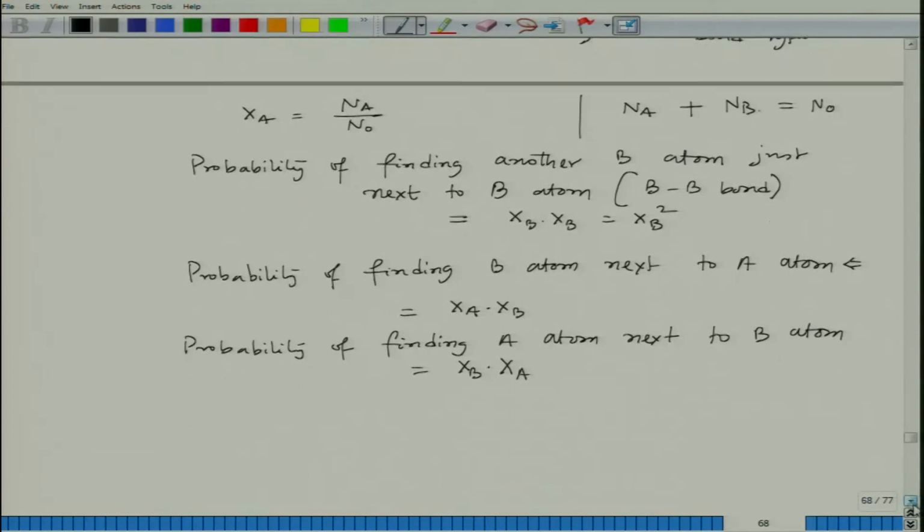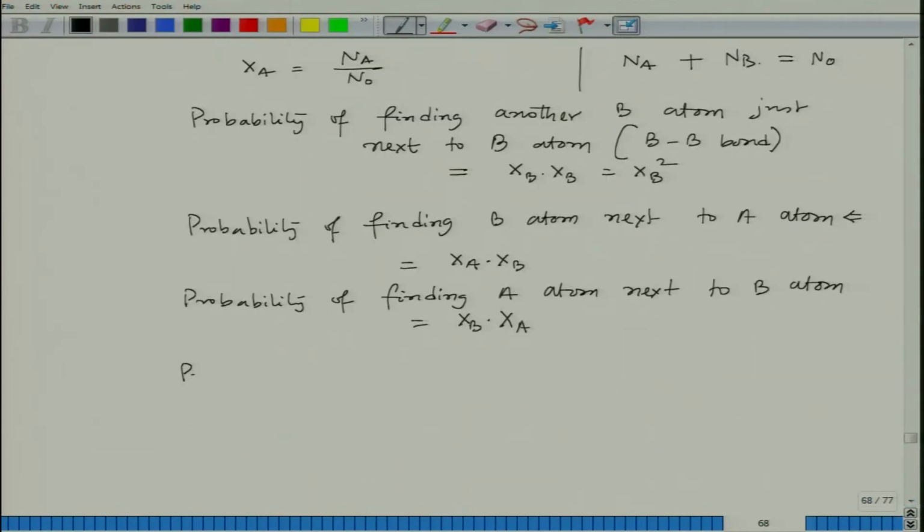So, hence the probability of AB bond formation would be proportional to 2 XA XB. This 2 is coming because in one case we are finding AB bond formation probability with reference to A atom, and in the second case we are finding AB bond formation with reference to B atom.